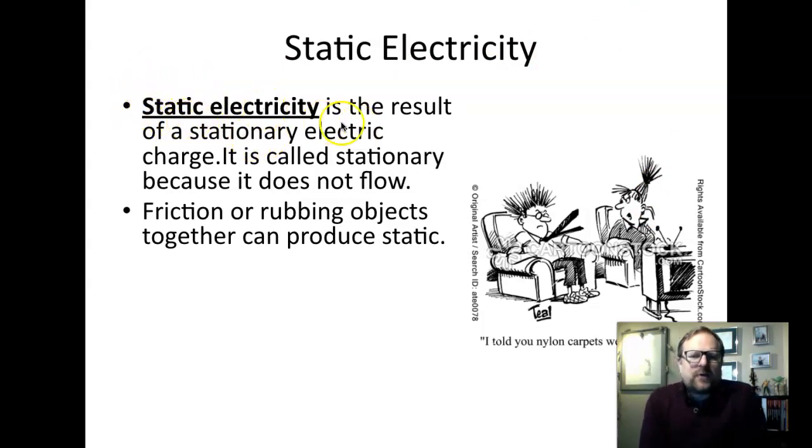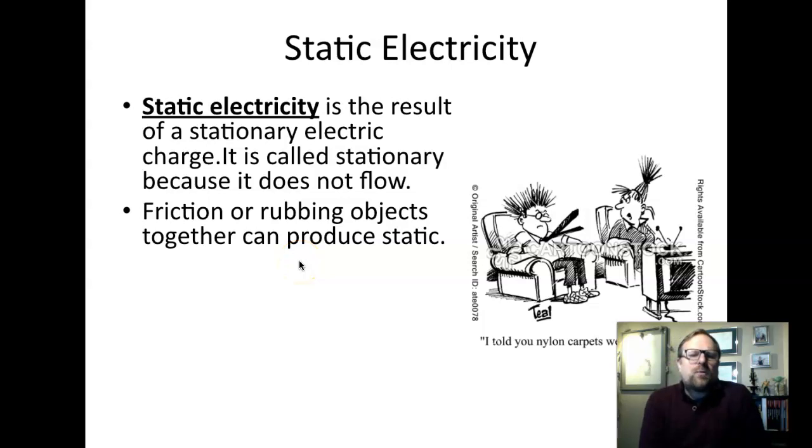But static electricity is the result of a stationary electric charge. Stationary, okay, means the charge is not moving. It is staying in one place. Static means the same thing. So static electricity is a stationary electric charge. It is not moving, because it does not flow in any way, shape, or form.